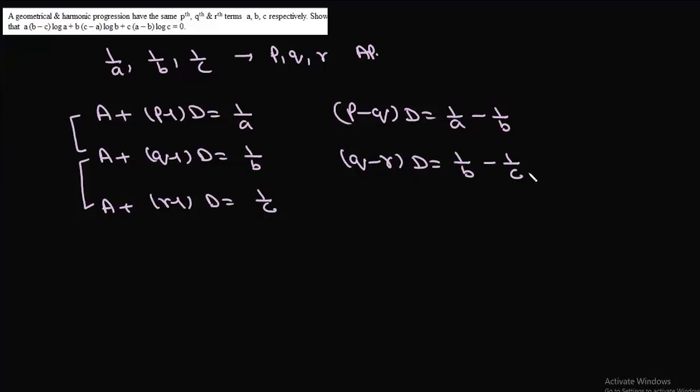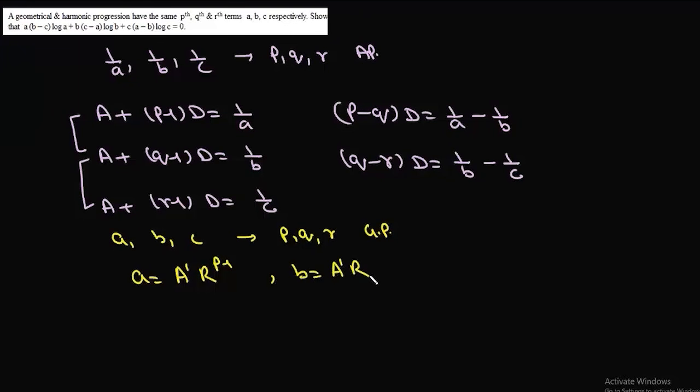Now we are also given that A, B, C are pth, qth, and rth terms of a GP. So we can write this A as some a dash r to the power p minus 1, B as some a dash r to the power q minus 1, and C as some a dash r to the power r minus 1.